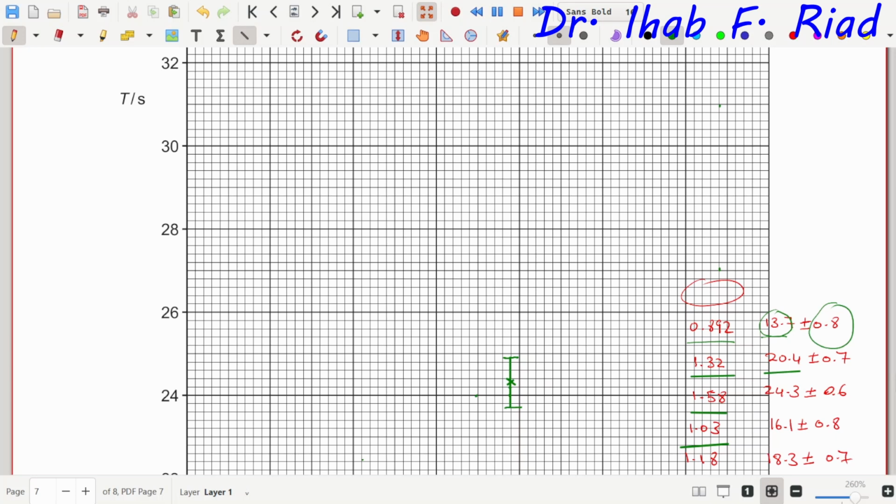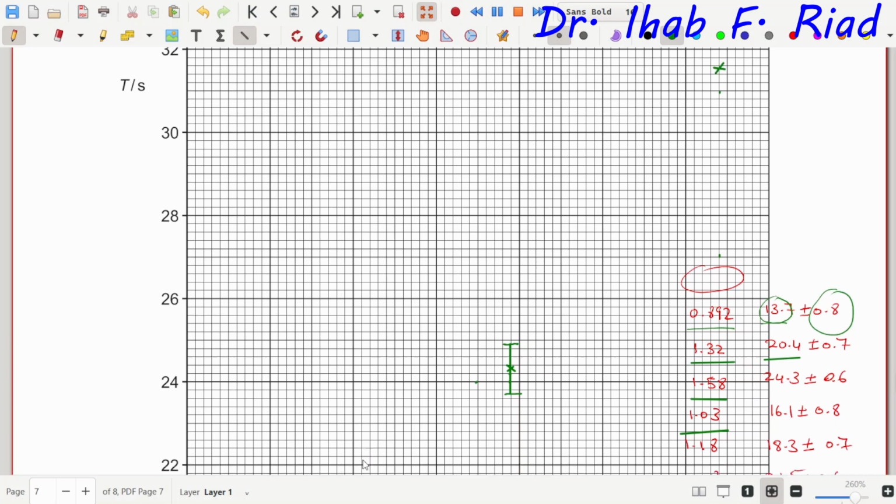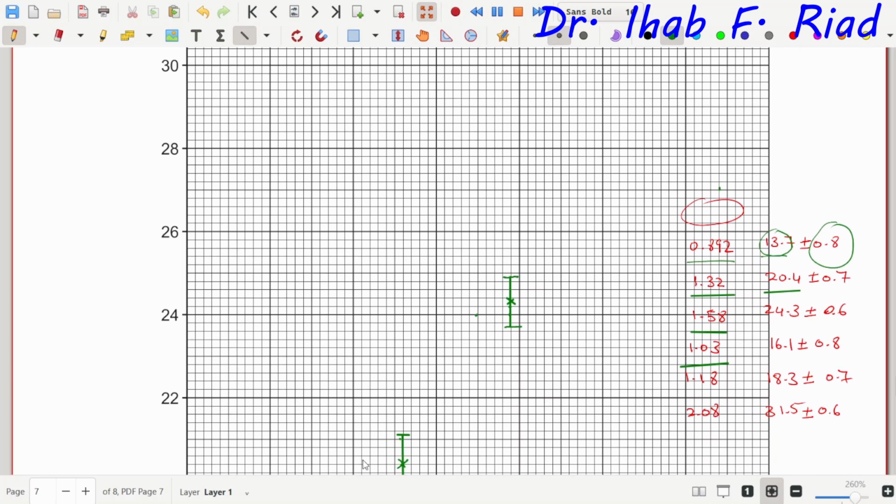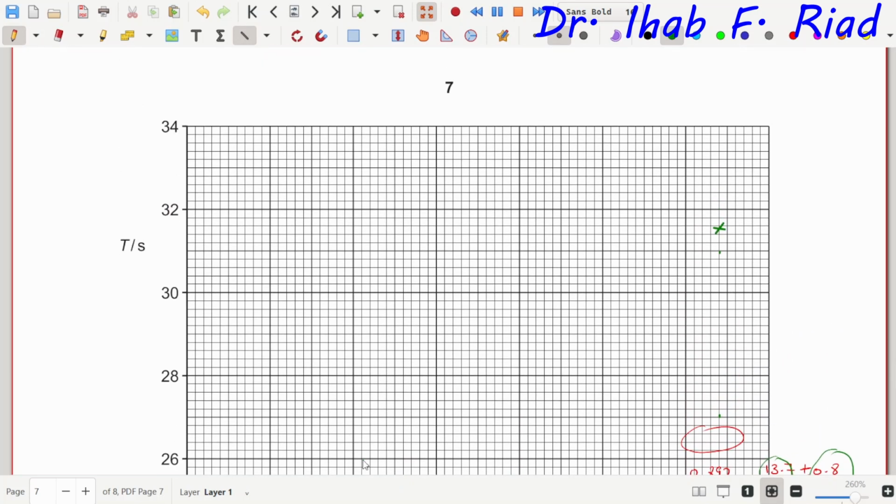Two, 4. Okay, here. Okay. And the error bars are 32.1 and 30.9. 31.5 plus 0.6 is 32.1, and 31.5 minus 0.6 is equal to 30.9.